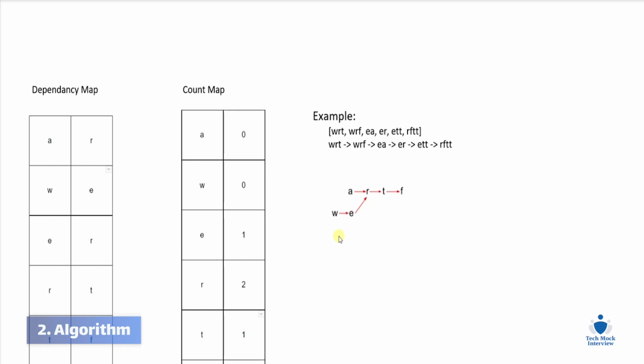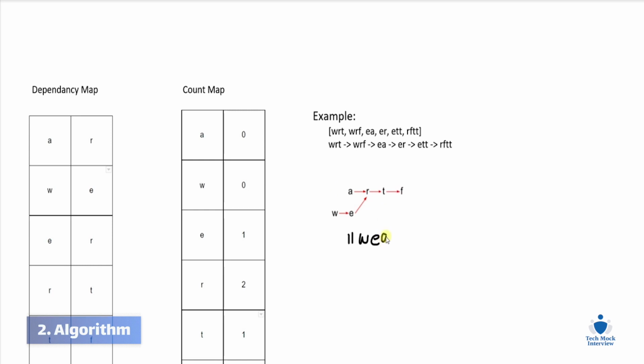So what we do here is we start from W and just move on until we reach the end. We first have W here and then E. So let's say our first string is W and then E comes after that. But we also have an A which has no dependencies.